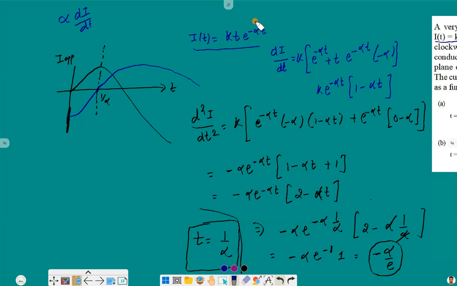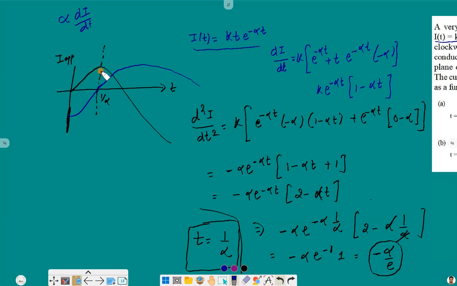Actually, our induced current follows this expression, so I cannot actually draw how it will behave. We just know from this derivative analysis that it will peak at this point, and initially, putting t equal to 0, at start it was 0 and it peaks at t equal to 1 by alpha. So we have just drawn a curve, and it looks like a straight line, but it does not necessarily mean that it will be a straight line.